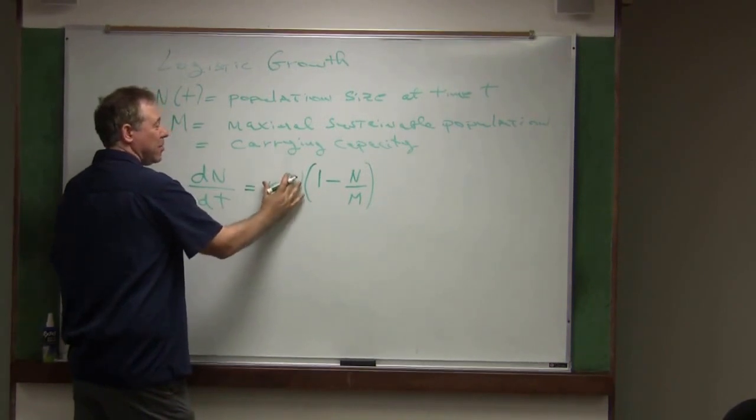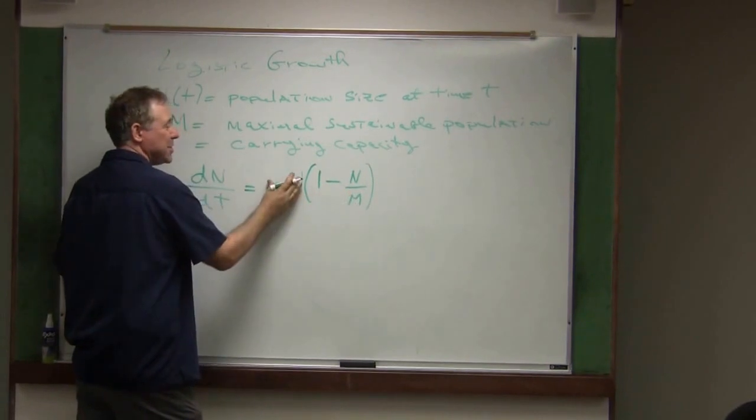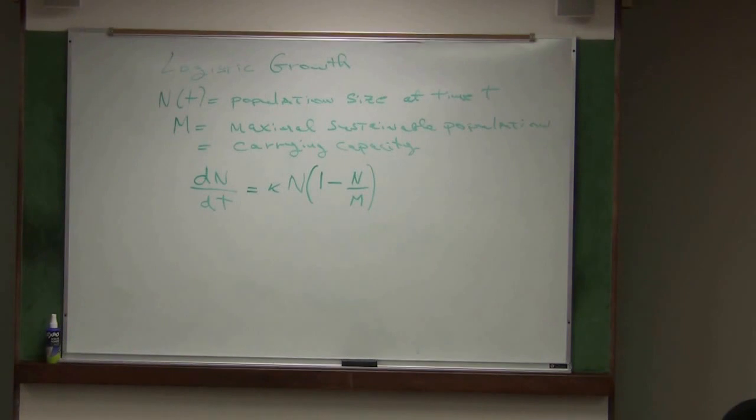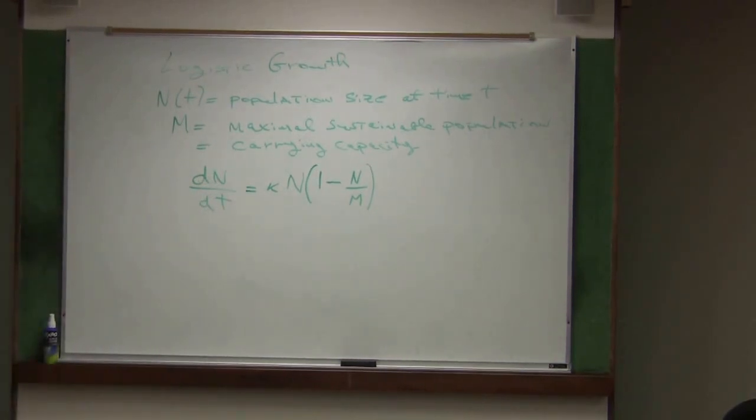This is speeding it up, that's slowing it down. That's the classic differential equation for logistic growth, and we want to solve for N and figure out what N is based on this.